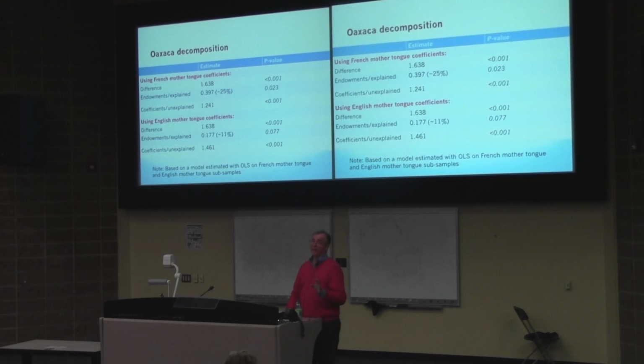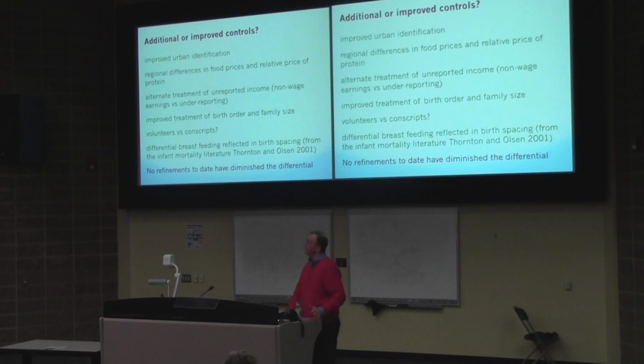We're not explaining a lot here. This differential remains. So you could try to improve this empirically, and I think probably this should be done, to continue to do better on this, with different ways of looking at it.